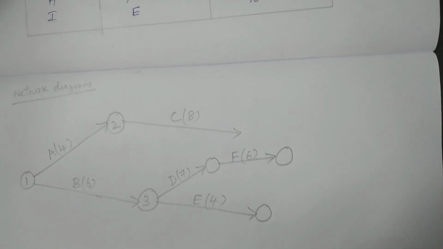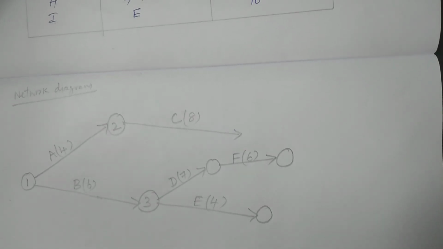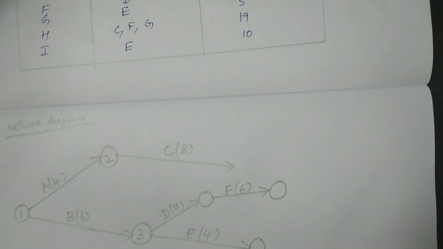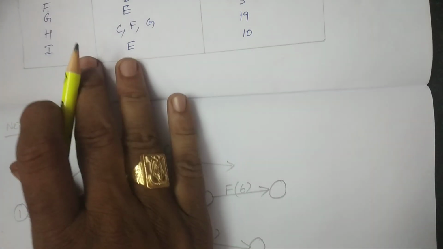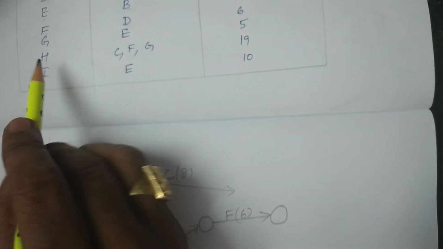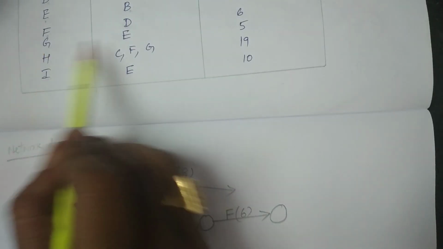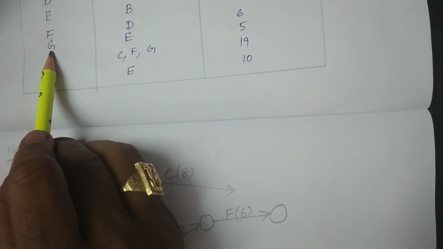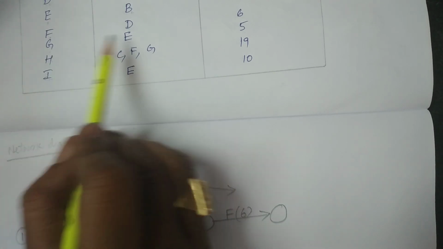Then I consider whether there is any relation between E and F. No. So therefore we can proceed. Now after E, the activity G should take place. That is, before starting G, E should be finished.